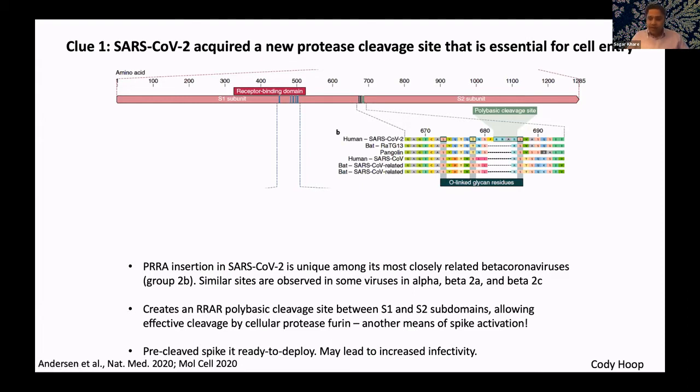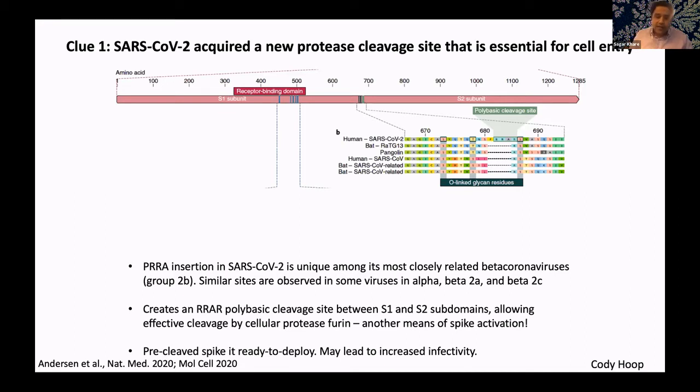So the alpha, beta 2a and beta 2c groups have this kind of site. Clearly, this has jumped into this particular strain of virus, and this creates a cleavage site that furin can cut. This provides another means for spike activation.